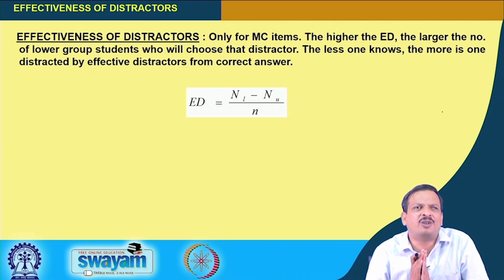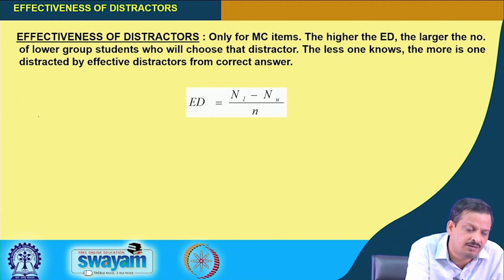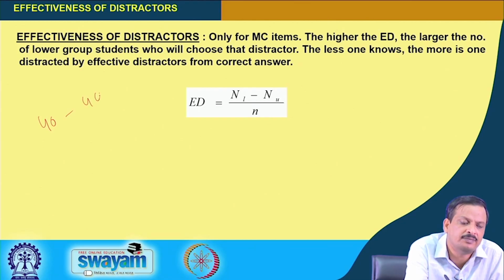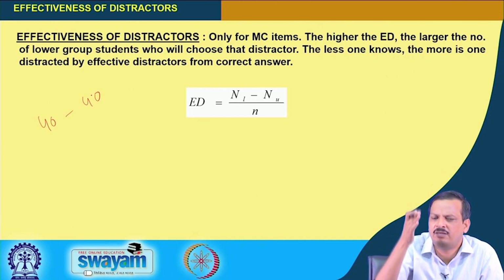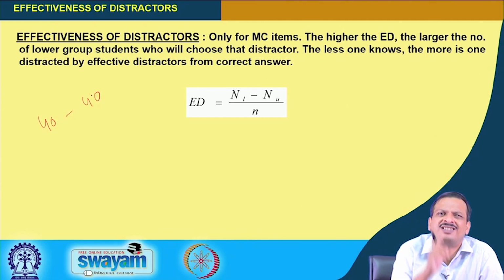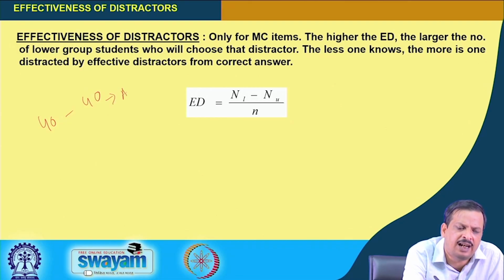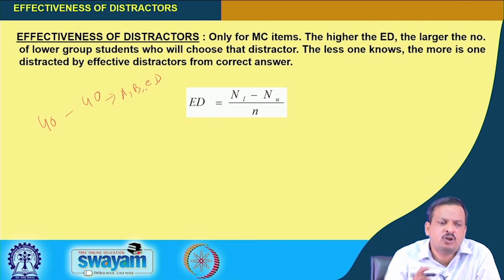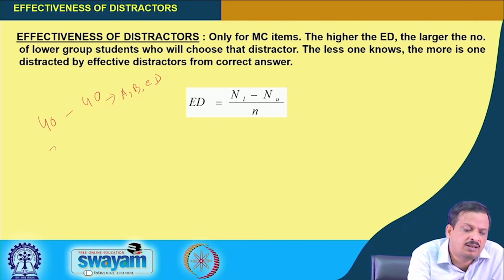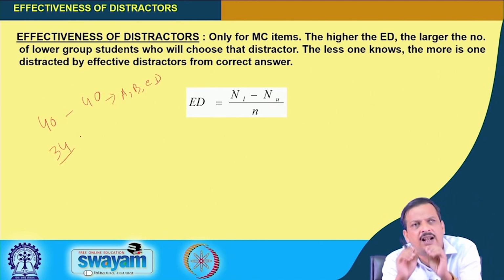Suppose I conducted an MCQ test of 40 marks with 40 test items. There are 40 questions, each question carries 1 mark, and each question has 4 choices A, B, C, D. Let us say a student scores 34 and guessing is allowed.